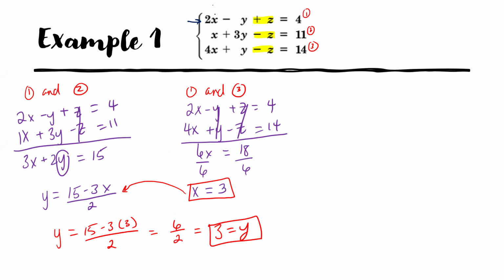So I know the value of x and I know the value of y. So we have 2 times 3 minus 3 plus z equals 4. What is 6 minus 3? 3 plus z equals 4. What would z have to be for this to be a true statement? Z would have to equal 1.